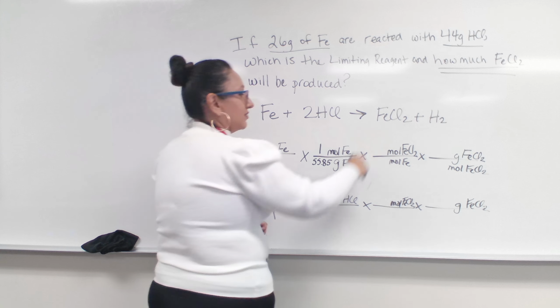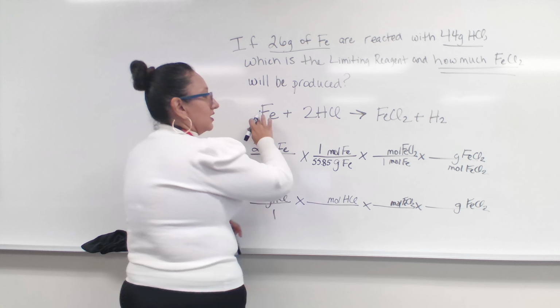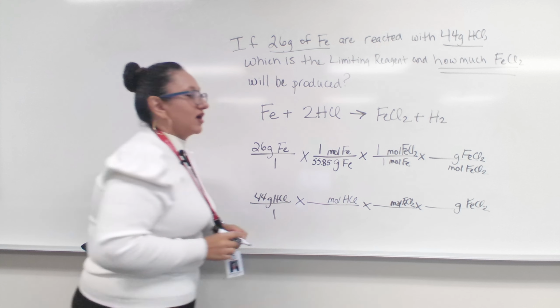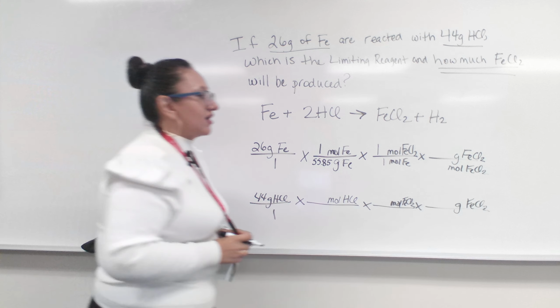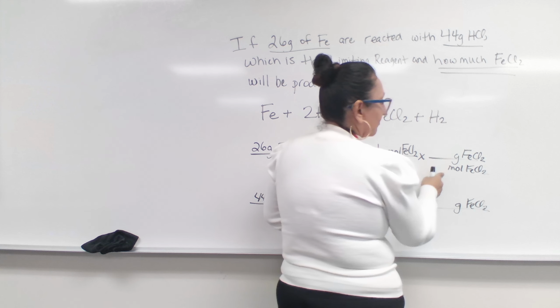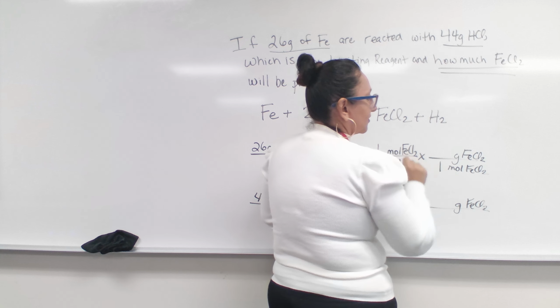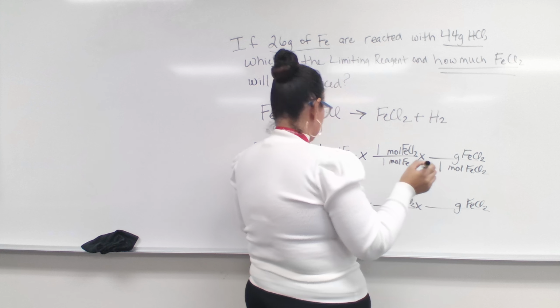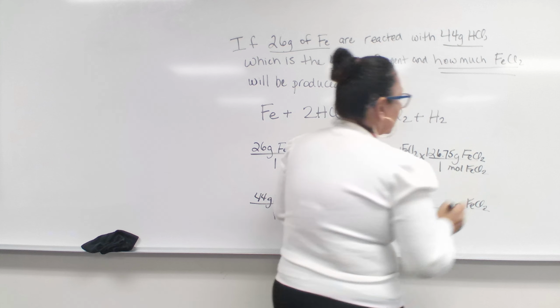So this recipe says 1 mole of iron is equal to 1 mole of iron 2 chloride. Final step, grams moles relationship. 1 mole equals the mass of FeCl2, which is 126.75 grams.